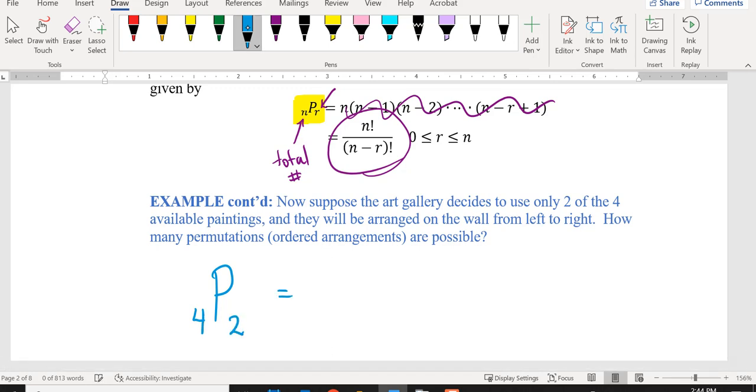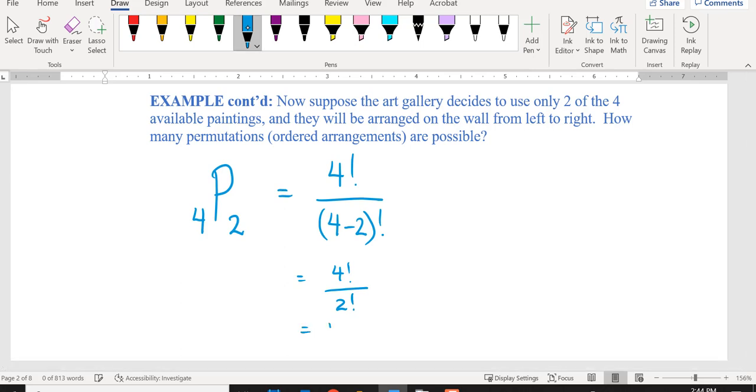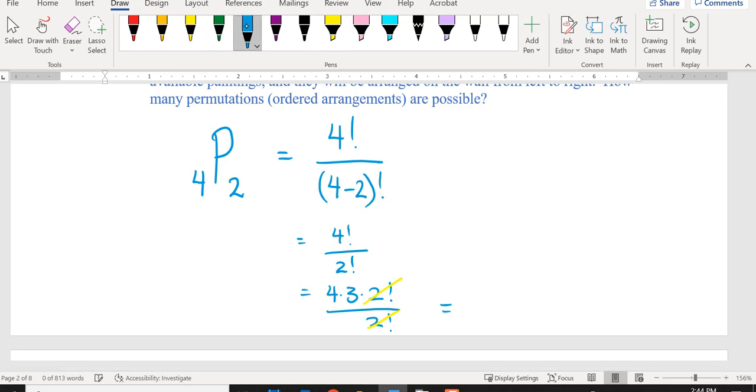And that's going to equal 4 factorial over 4 minus 2 factorial. Well, that's 4 factorial over 2 factorial. That's 4 times 3 times 2 factorial over 2 factorial. And what is 4 times 3? I get 12. There's 12 ways to do that.